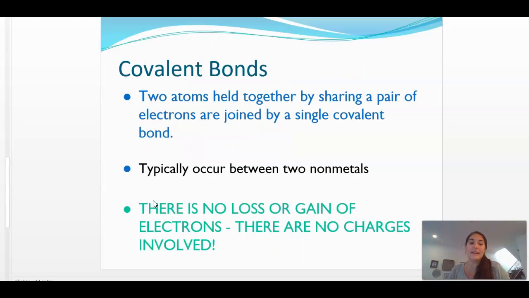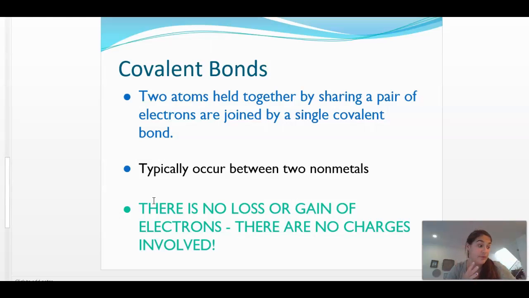But we didn't just talk about losing and gaining. That third part of the definition of how bonds are formed was about sharing electrons. Losing and gaining happens when a metal gives electrons to a non-metal. Covalent bonding occurs when atoms share electrons. Nothing is being lost or gained, so there are no charges involved.